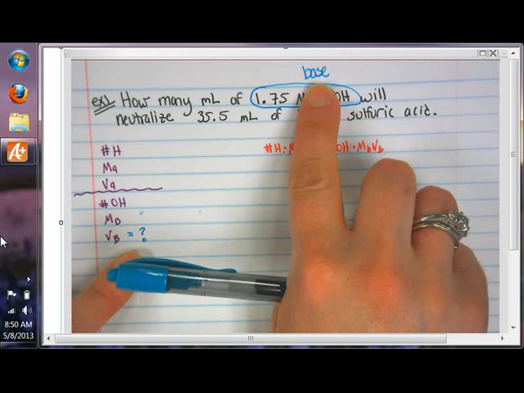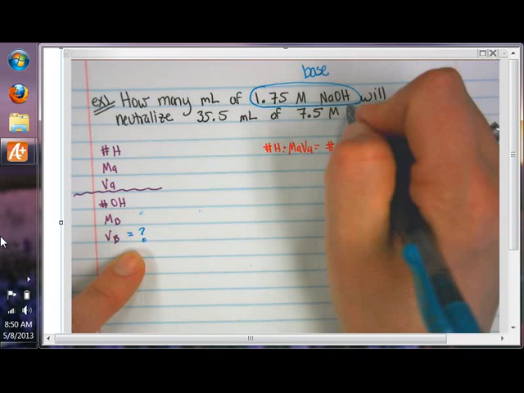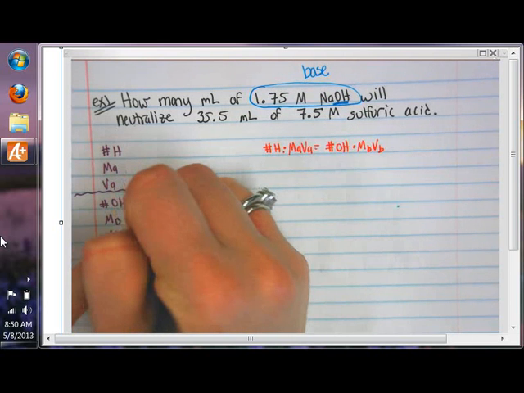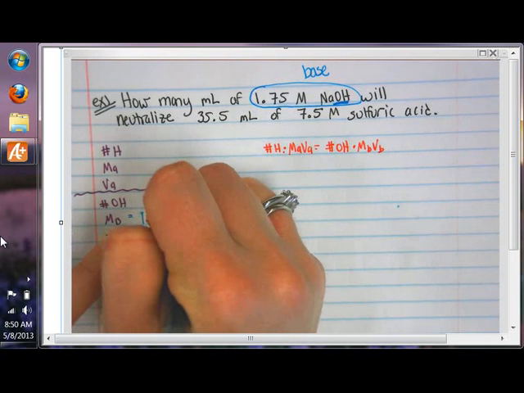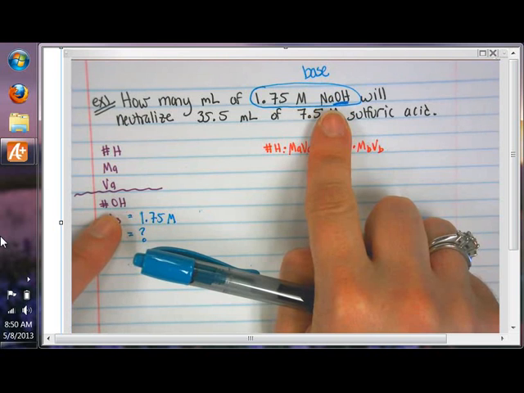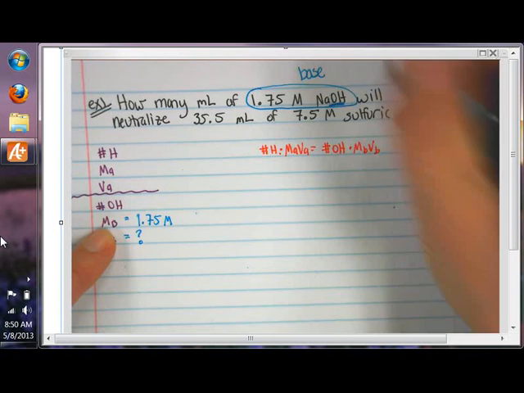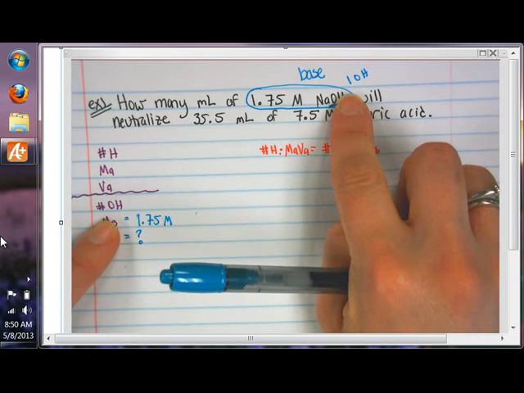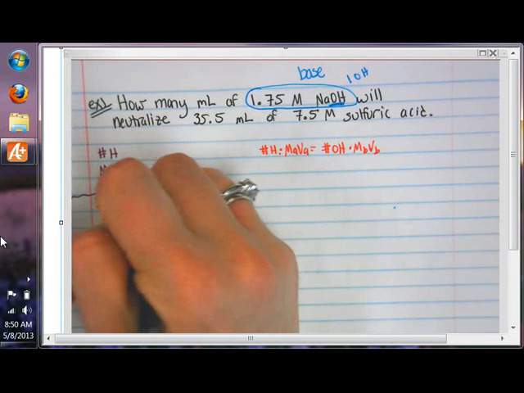I know it's a base because it has the hydroxide there. So the molarity of my base is 1.75 molar. And my formula for my base is NaOH. And there is just one hydroxide there. It's just NaOH. So there's just one hydroxide.